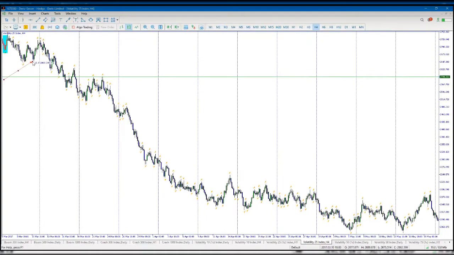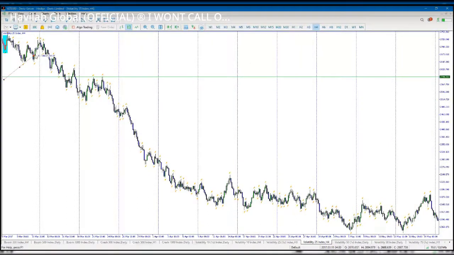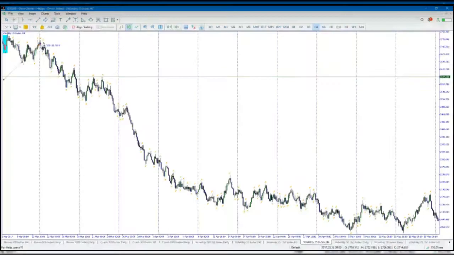So this lower high is not validated because this push, this structural point, didn't break this last structural point. But then we notice that price went up before the formal and official break of structure. So this happens to be our last structural point before this swing that broke structure.